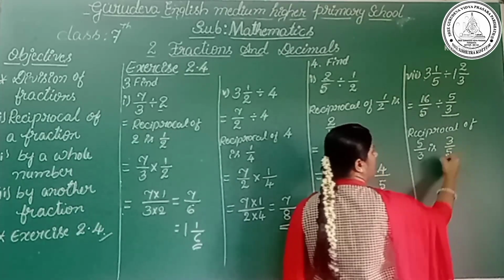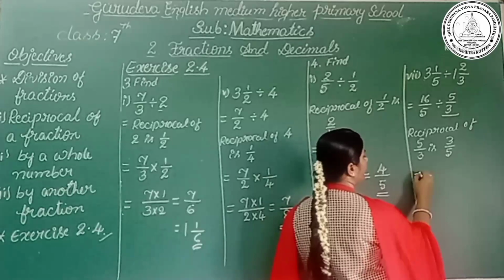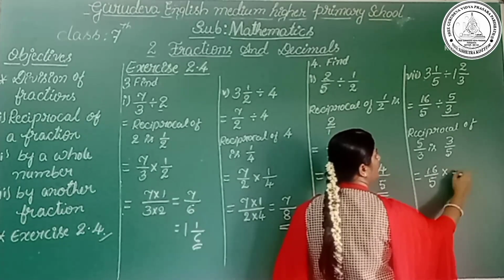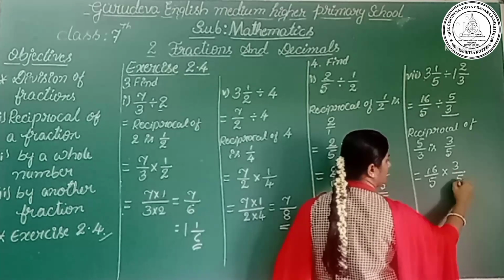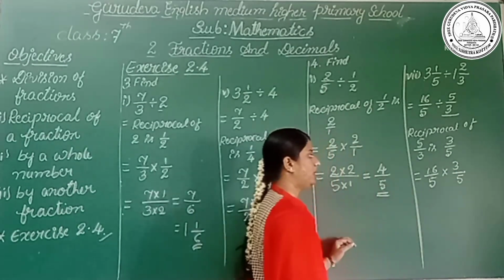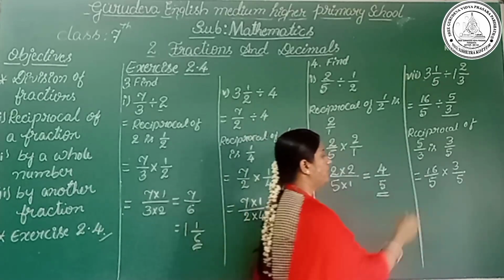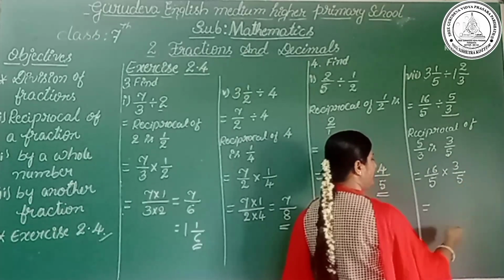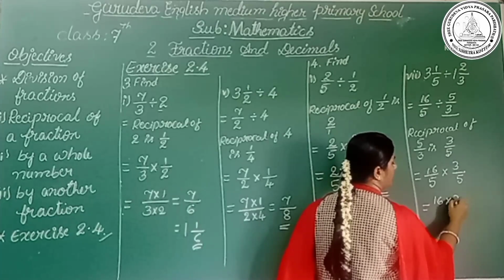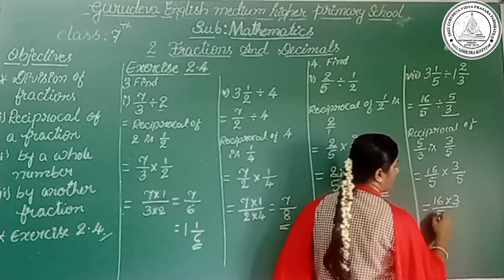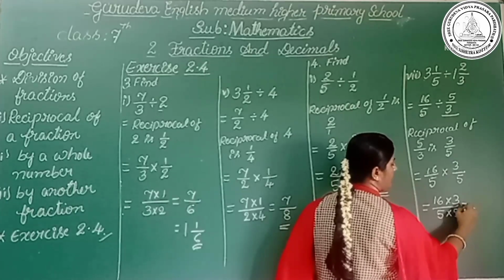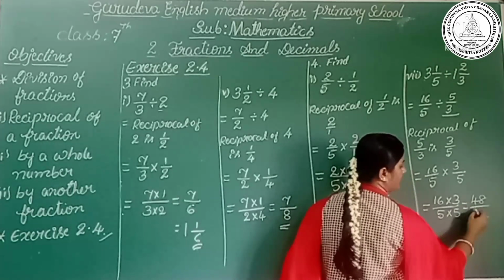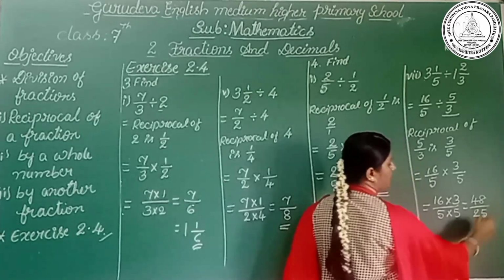Okay, then after taking the reciprocal, 16 by 5 into 3 by 5. Then multiply the numerator to the numerator, denominator to the denominator. So 16 into 3, then 5 into 5, which is equal to 16 threes are 48, 5 fives are 25.